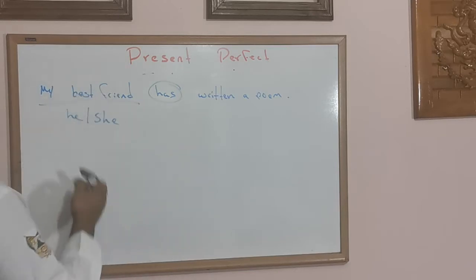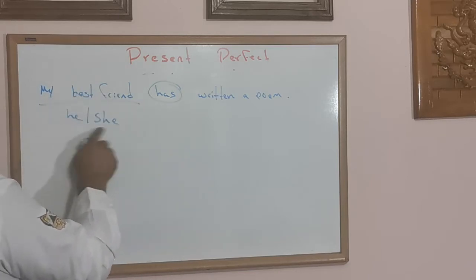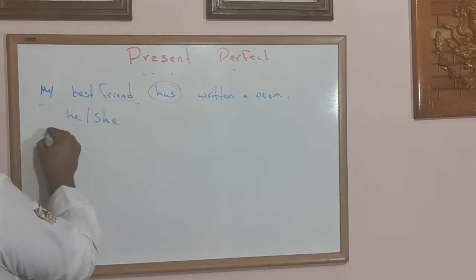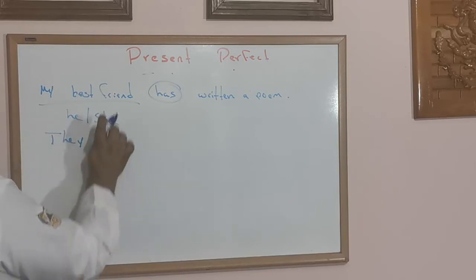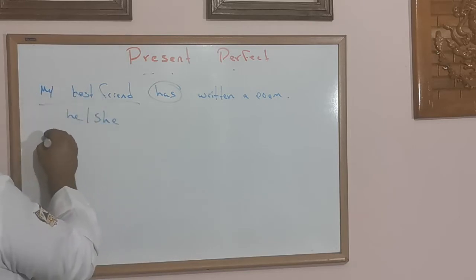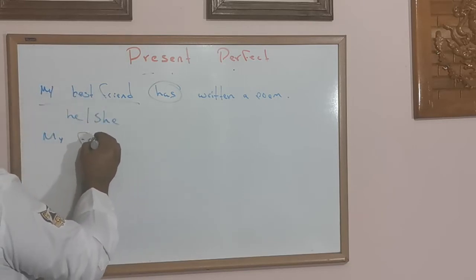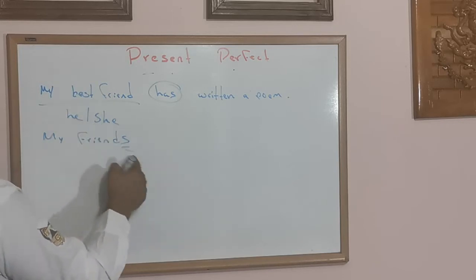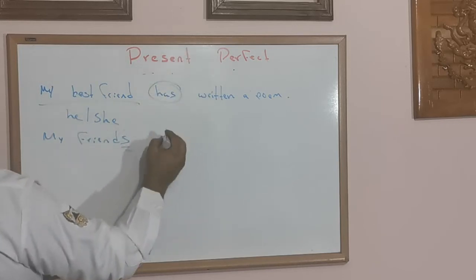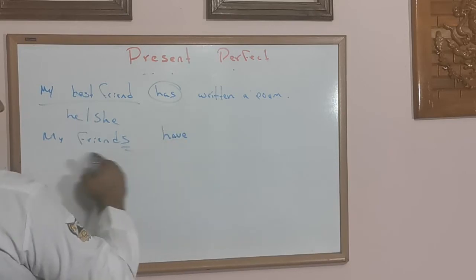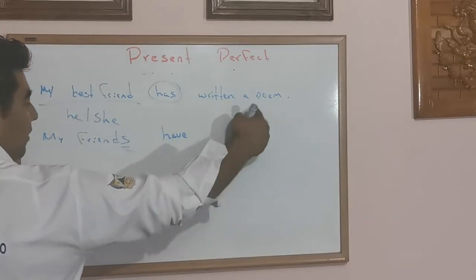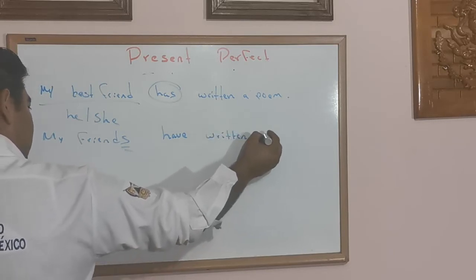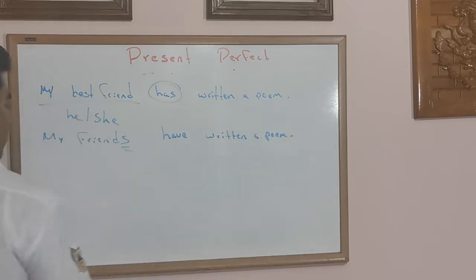Si el sujeto hubiera sido otra persona diferente a estas terceras personas, por ejemplo, si hubiera sido ellos, they, o en plural, my friends, ya es plural, ya no es tercera persona, ya no iría has, sino tendría que ir my friends have written a poem.